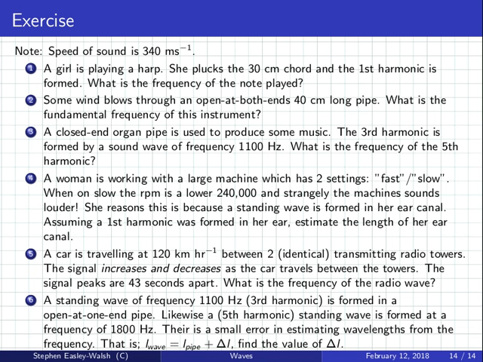No, the other way. The radio towers are like this, and the car's basically going from radio tower A to radio tower B on a straight line. And as it drives, every 43 seconds, there's a peak signal strength. So that means there's an antinode every 43 seconds.